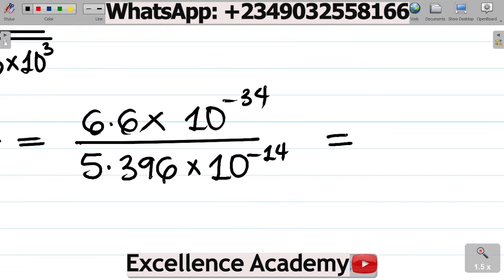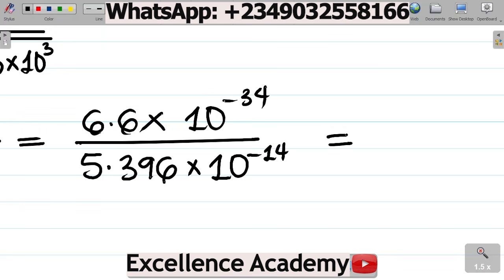Let's divide this and see what we have there. Numerator 6.6 times 10 to power minus 34 divided by 5.396 times 10 to power minus 14.